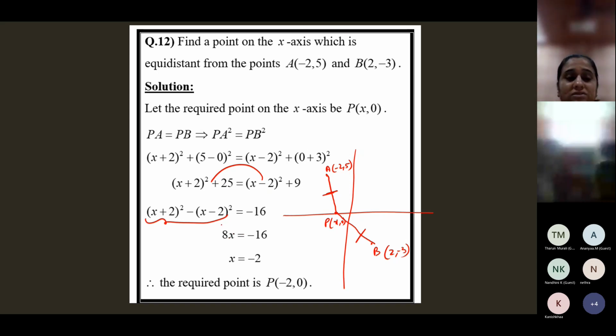How? x plus 2 the whole square minus x minus 2 the whole square is 4 into a into b, which is 8x. You can even expand and you will get the same answer, but you save time by using the identity.